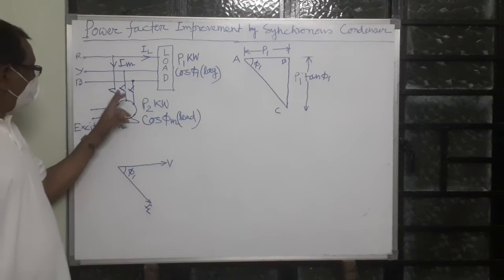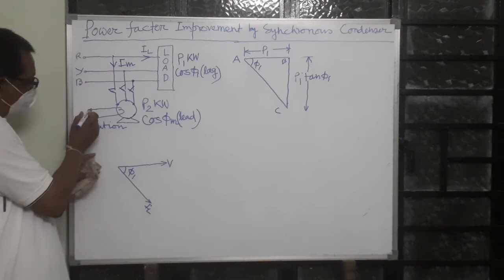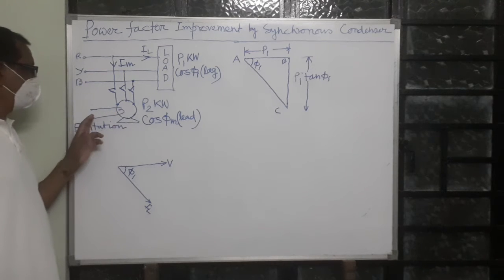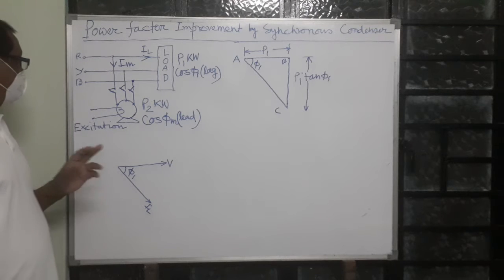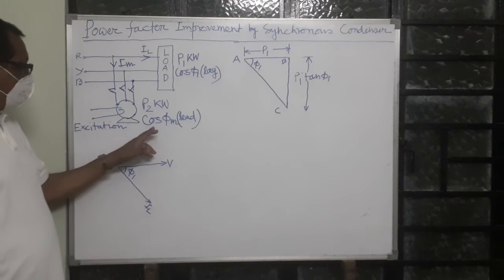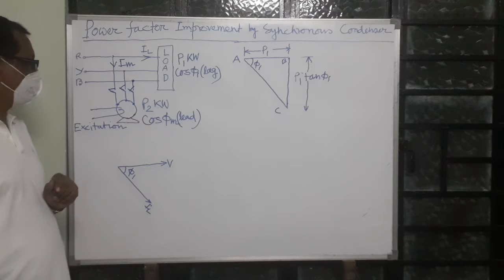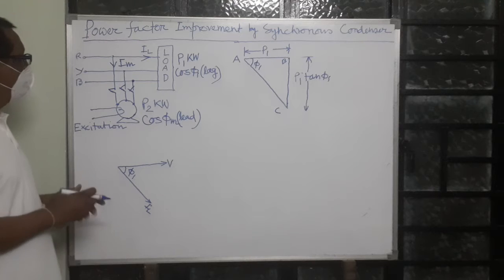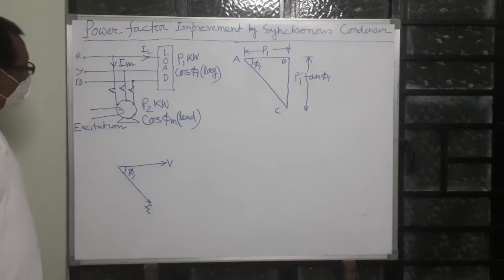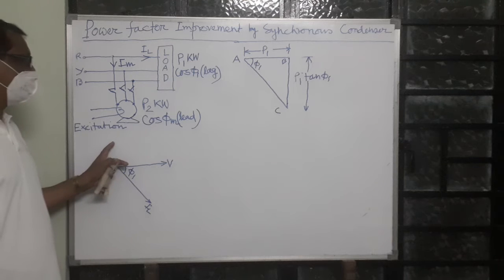By changing the excitation, we know there is an AC supply and this is the DC supply. By changing the excitation, the power factor of the synchronous machine can be made leading. So the angle of IM can be varied from 0 to 90 degrees.